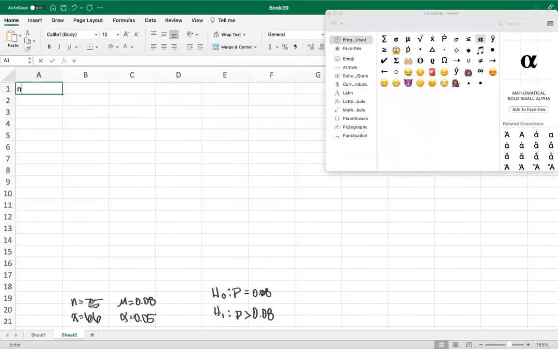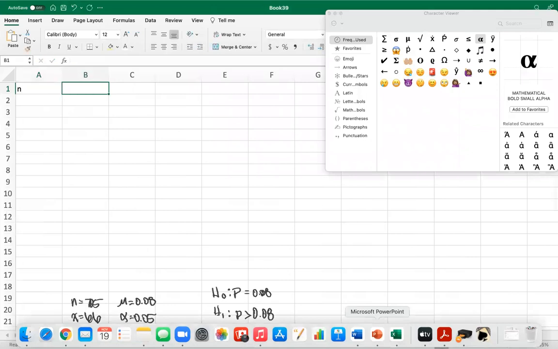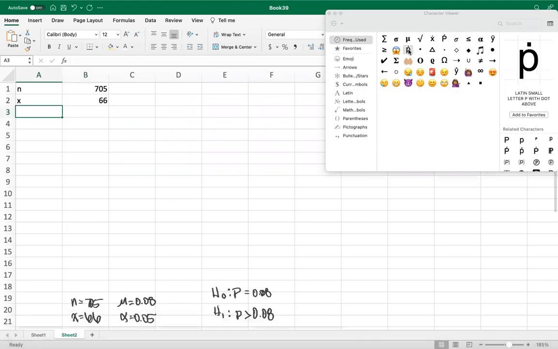All right, so we have N equal to 705. X is equal to 66. That tells us that P hat is equal to 66 divided by 705. Perfect.